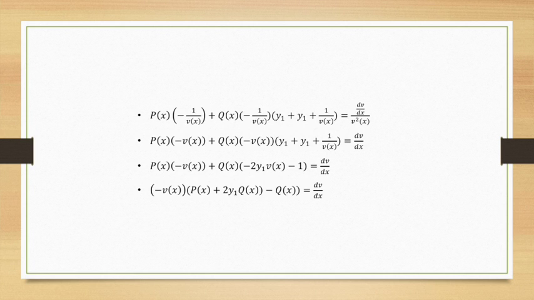Then we can get p of x times minus phi of x plus q of x times phi of x times y1 plus y1 plus 1 over phi of x is equal to dphi over dx. Then we simplify it and we finally get negative phi of x times p of x plus 2 y1 q of x minus q of x is equal to dphi over dx.